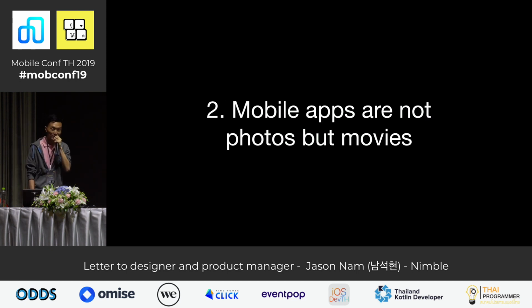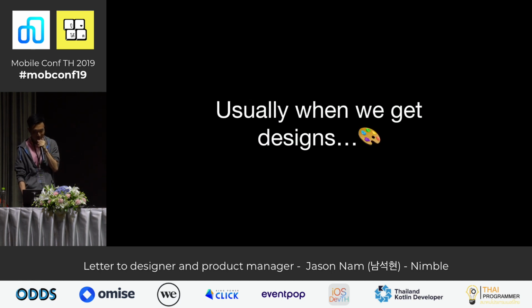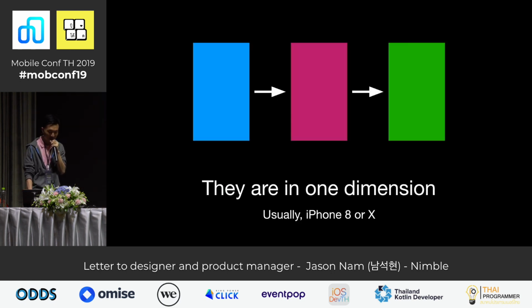And the second part is that mobile apps are not photos, but movies. This is one of the biggest pain points I've had while working with designers. Usually when we get designs, they are in a one-dimensional flow. There are pictures after pictures, connected through some flows.